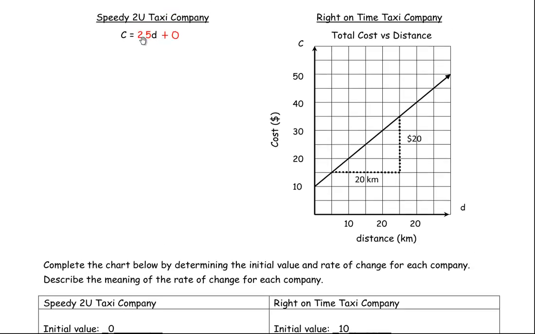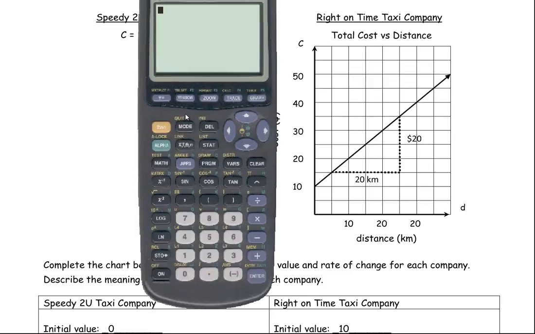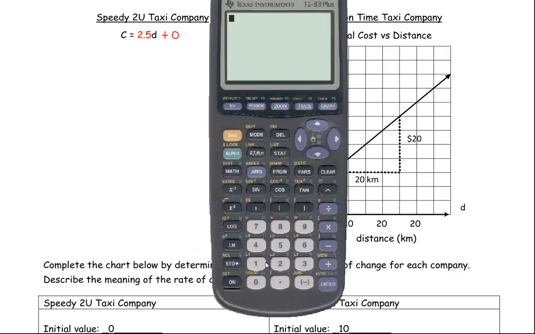So cost is 2.5 multiplied by the distance. If I wanted to know the cost to go, let's say 3 kilometers, I would go 2.5 times 3. If I wanted to know the cost to go 4 kilometers, I go 2.5 times 4. So notice from 7.5 to 10 is $2.50.